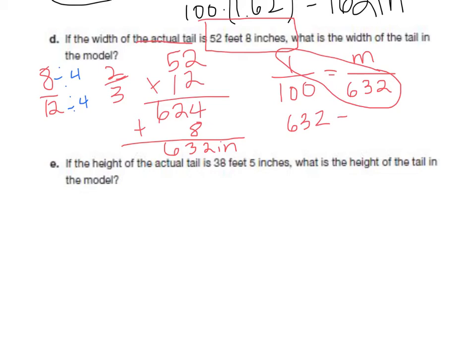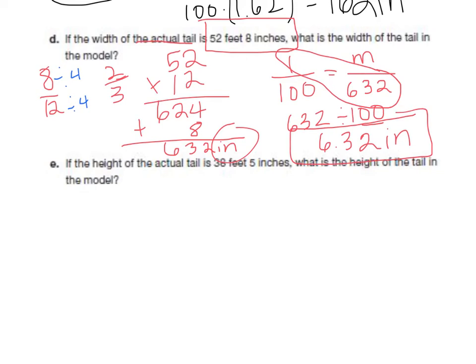Then we are going to divide by 100. Without using our calculator, dividing by 100, we have 2 zeros, so we move our decimal over 2 places. We have 6 and 32 hundredths, and we had inches over here in our model. So that is our label, 6 and 32 hundredths inches is the tail of the model.